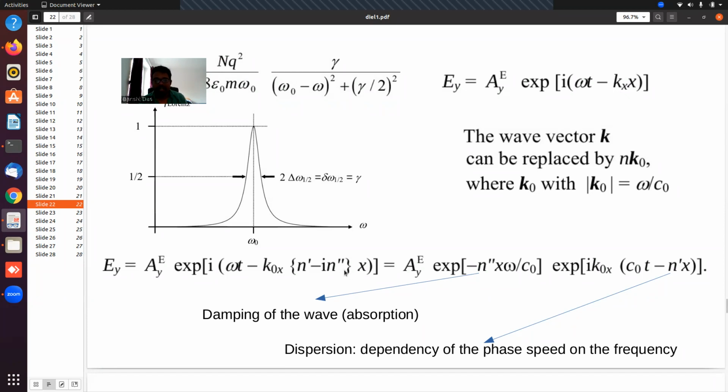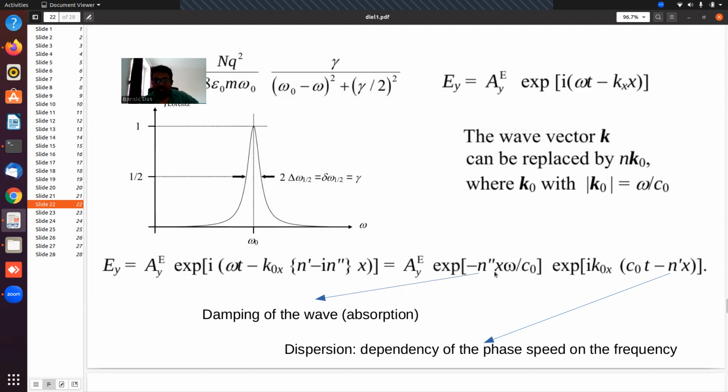We can separately write the imaginary part here, and this is the real component sitting there. This i, multiplied by i, means minus 1, so this factor can be taken out from the imaginary part.